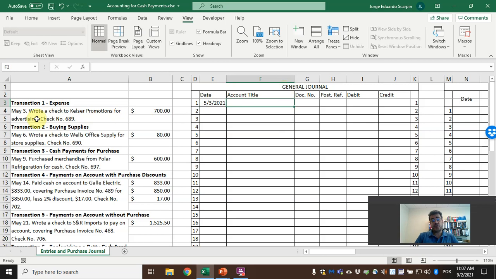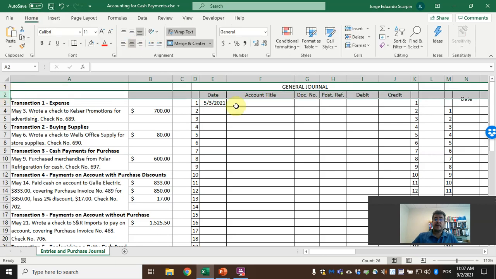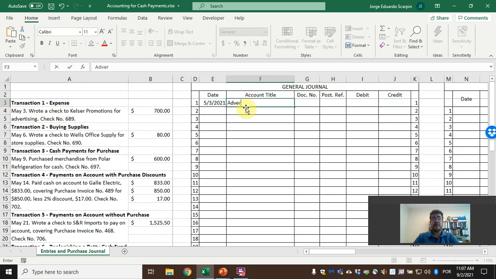So if we are making cash payments, cash will always be credit. So here we have a credit, cash, a debit, advertising expense. And here, check 689. We don't have the code for the advertising expense.